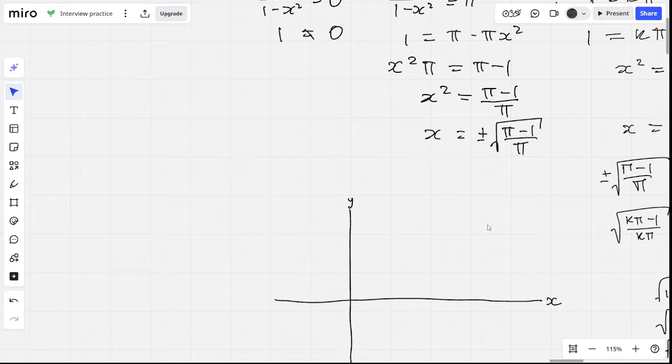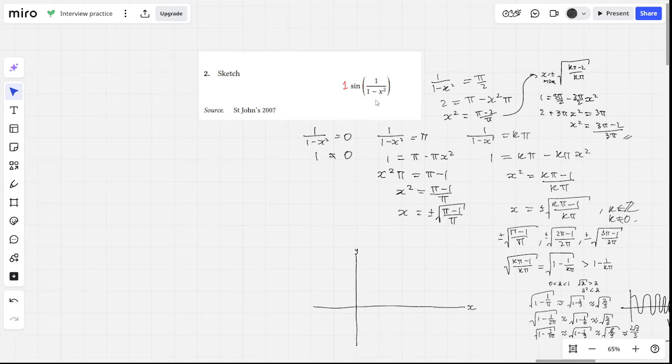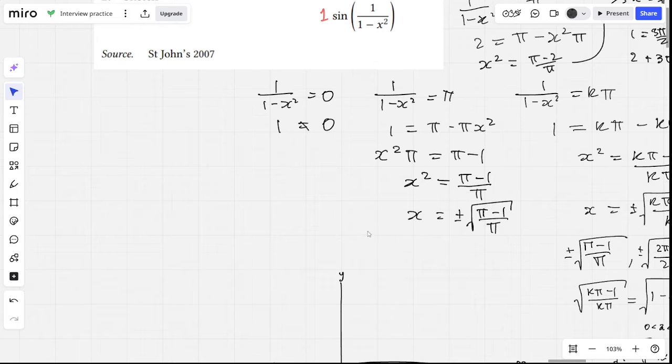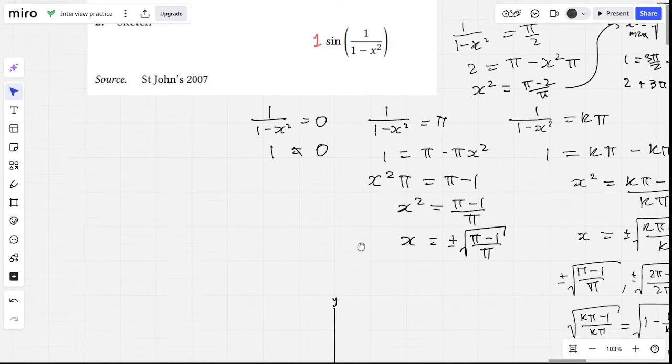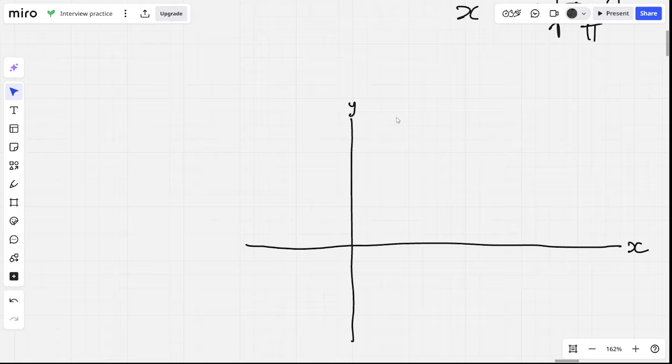I need to see what happens at 0. At 0, I have sine 1, which is roughly 0.84. Don't ask me how I know this, but I think it should be 0.84. This is going to be 0.84.